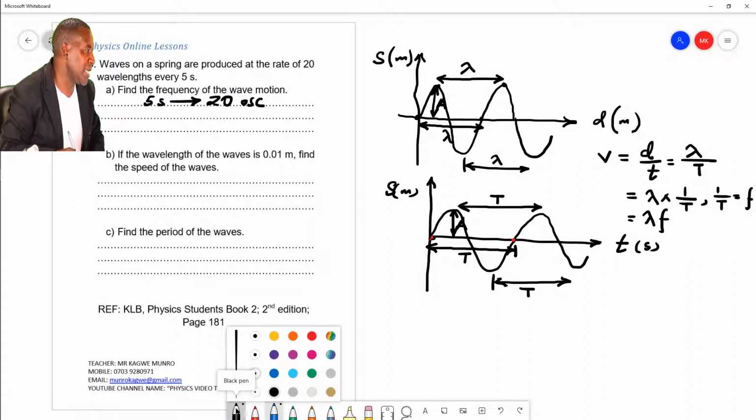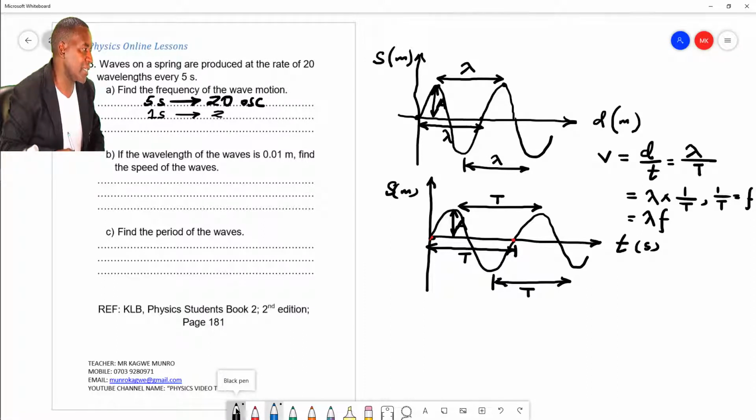So frequency is the number of cycles made in unit time. So in 1 second, how many cycles are we going to have? You can find that I'm going to have 20 times 1 divided by 5, and I get 4 oscillations. So in 1 second, the system makes 4 oscillations.